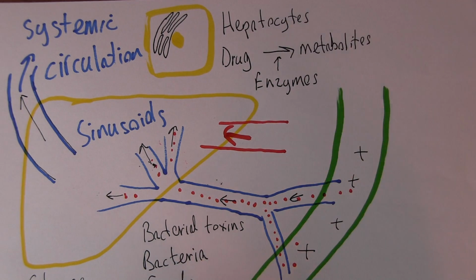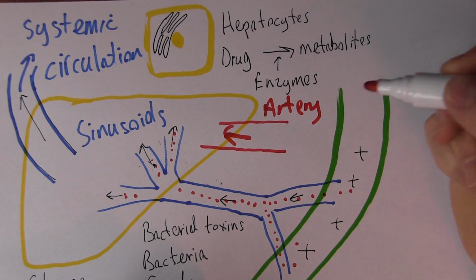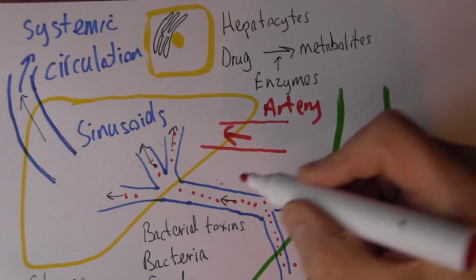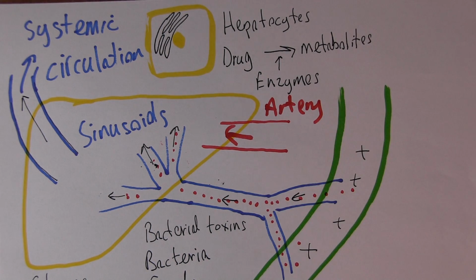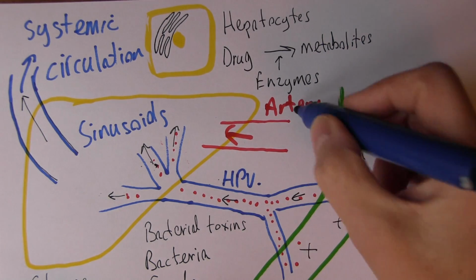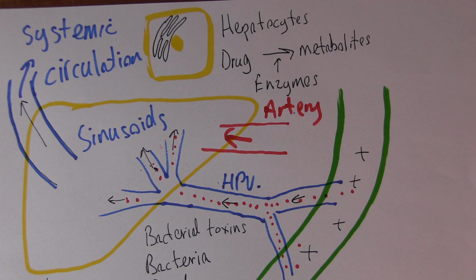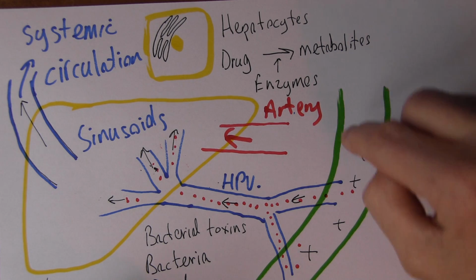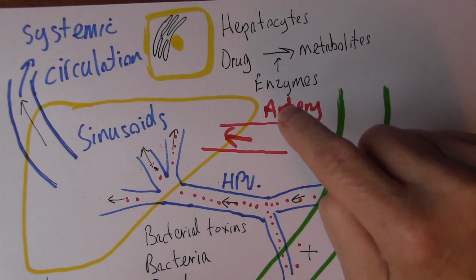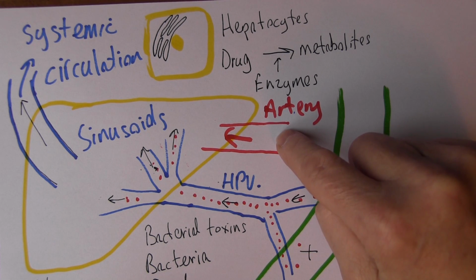So this would represent the hepatic artery taking blood to the liver. This is the hepatic portal vein, the HPV. That's the hepatic artery taking blood to the liver. So if you give a drug parenterally, it's going to be absorbed directly into the systemic circulation first.